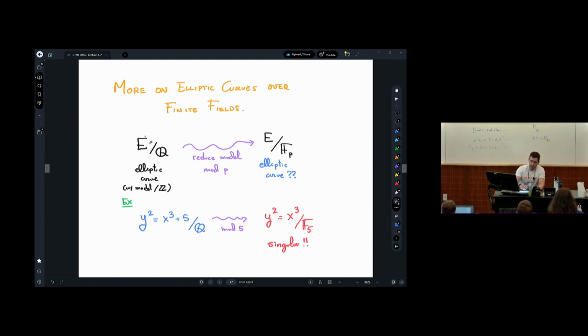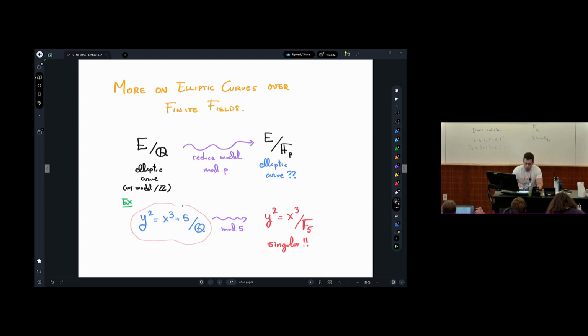If you start with an elliptic curve over Q with a model that has integral coefficients, I can reduce every coefficient, and now I get a curve over a finite field.